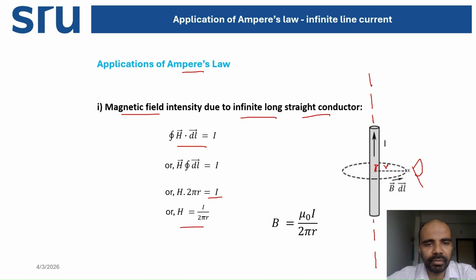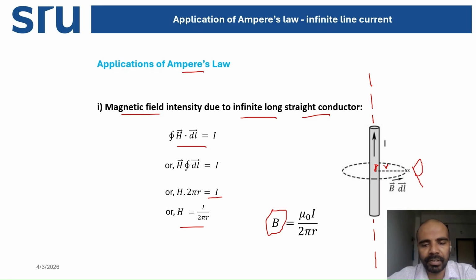So you can easily calculate the magnetic field intensity, H equals I divided by 2 pi r. Or in terms of magnetic flux density or magnetic induction, B equals mu naught I divided by 2 pi r.